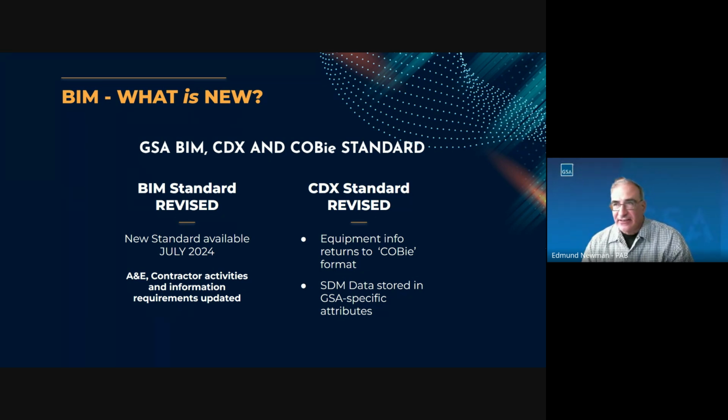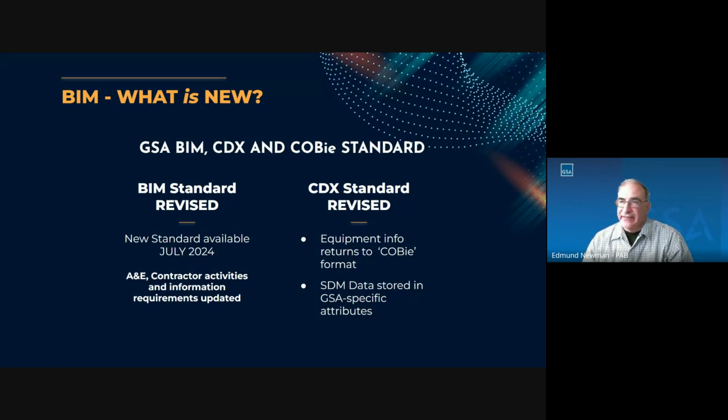We've also revised the CDX standard after using it and testing it with multiple projects across the country in the last 4 years. The initial version had an entirely separate set of GSA-described attributes.